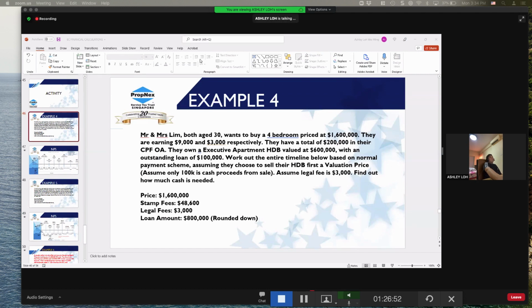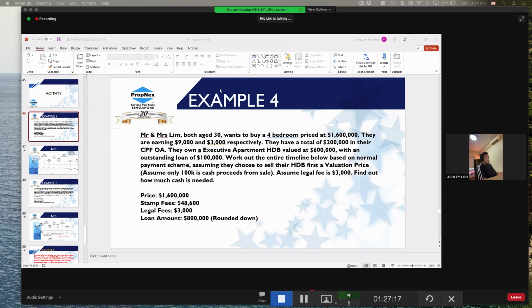So to answer Josephine's question, buyer stamp duty need to come out cash first if CPF is sufficient. This one depends because some law firms they do allow to accept buyer stamp duty in the form of CPF payment. You need to check with the law firm first whether they allow the buyer stamp duty to be paid using the CPF. But by right, you can pay by CPF one.